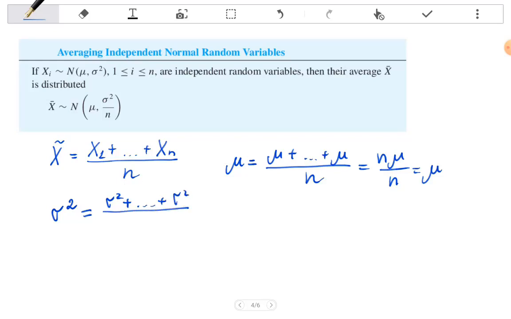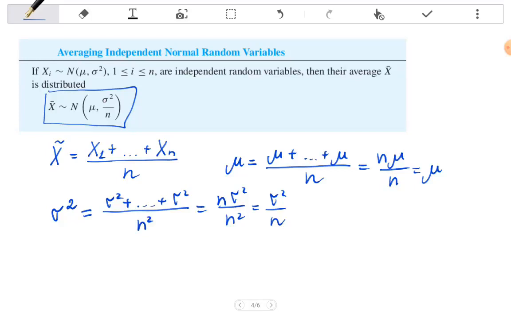The coefficient was 1 over n, so we multiply by 1 over n squared each time. So we get n sigma squared over n squared, which is sigma squared over n. So n times smaller than the original one. So it is important, of course, to notice that the average is again normally distributed with this particular mean and variance.